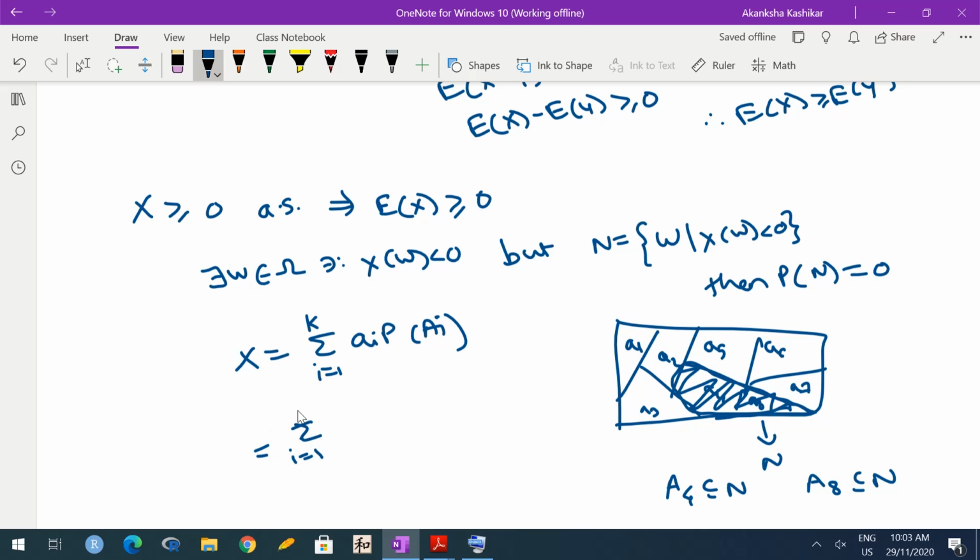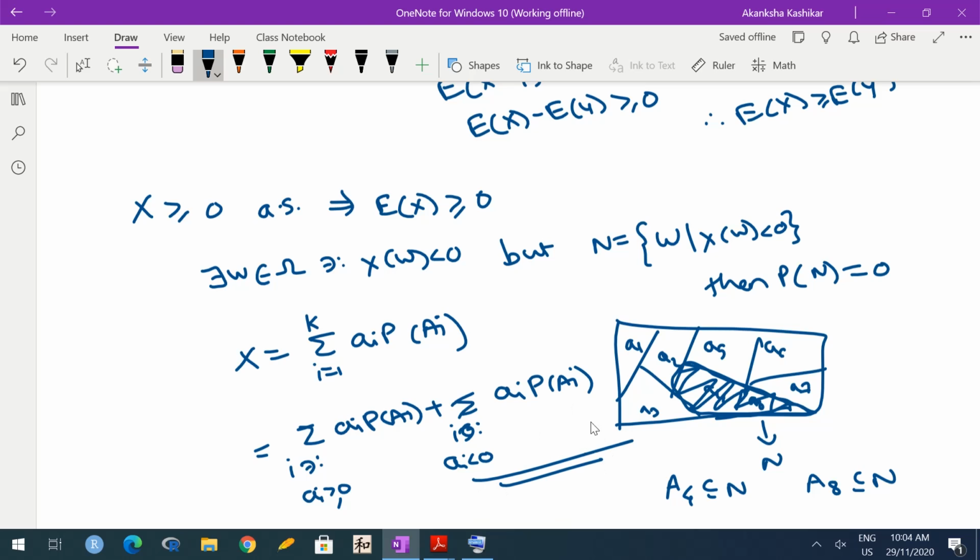Let me split this into two parts. The sum over i going from 1 to k of Ai times probability of Ai we can split as the sum over all those i's such that Ai is greater than or equal to 0, Ai times probability of Ai, plus the sum over all those i's such that Ai is strictly less than 0, Ai times probability of Ai.